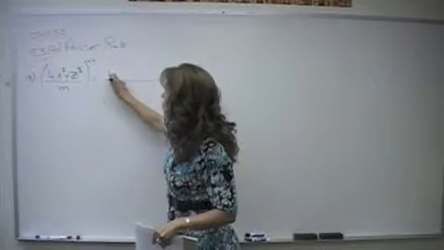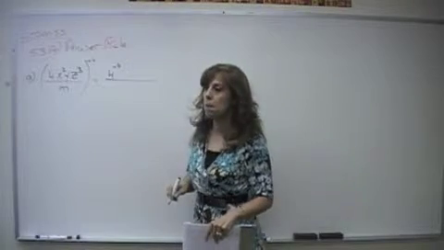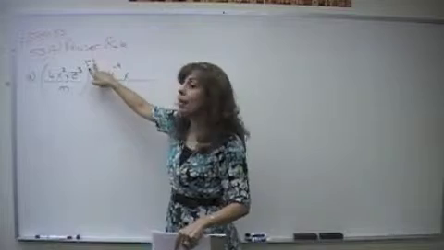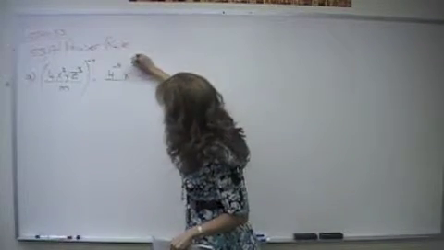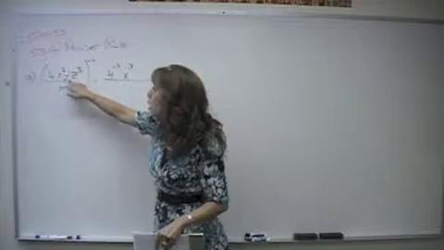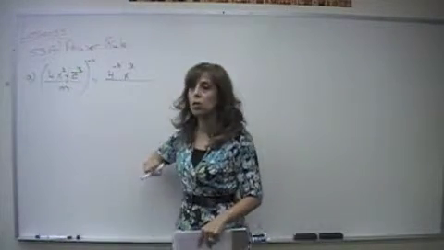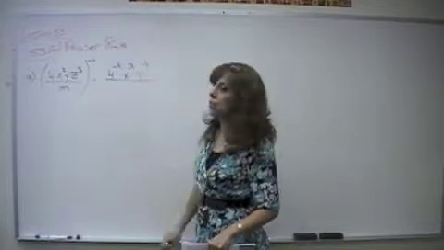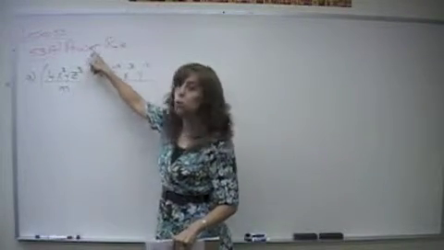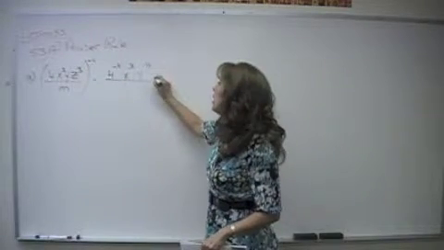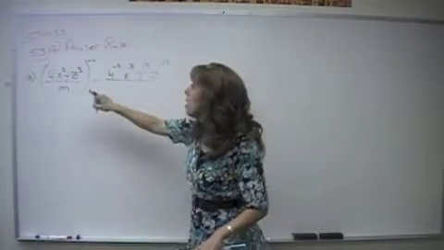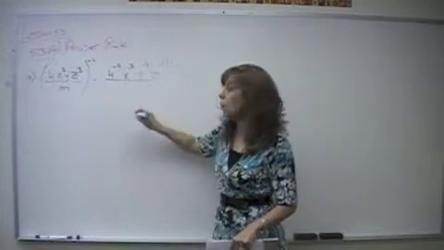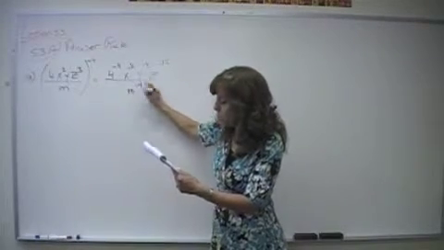So the first one would be 4 to the power of -4. x is to the power of 2, times -4, that would be -8. y is to the first power, 1 times -4 is -4. z cubed to the power of -4 would be z^-12. m is to the first power, so that's 1 times -4, that would be m^-4.